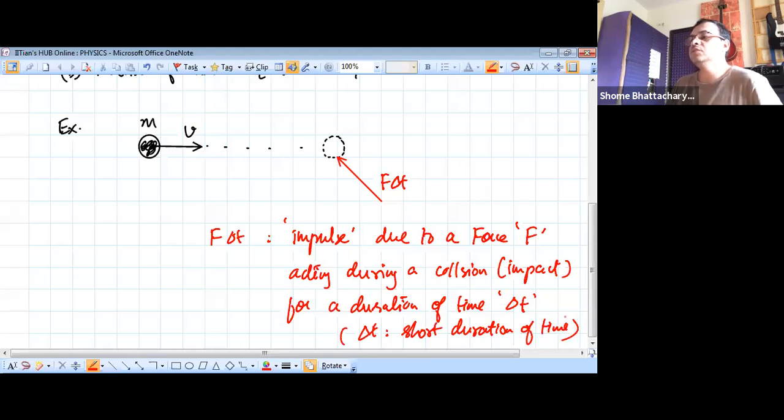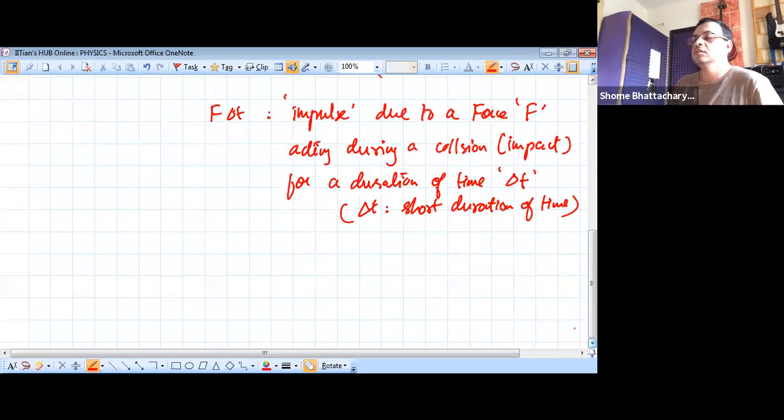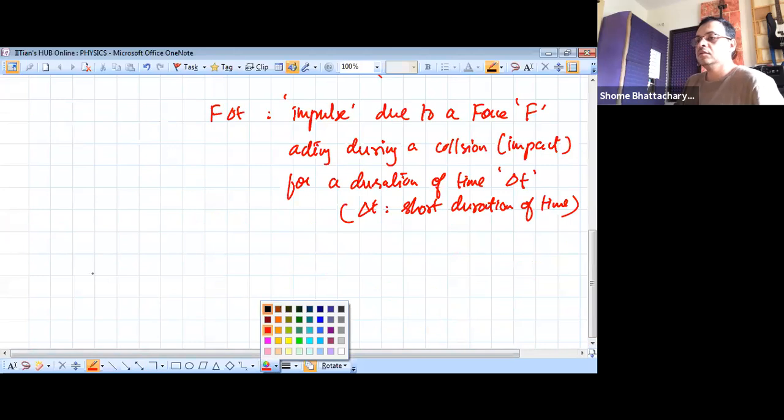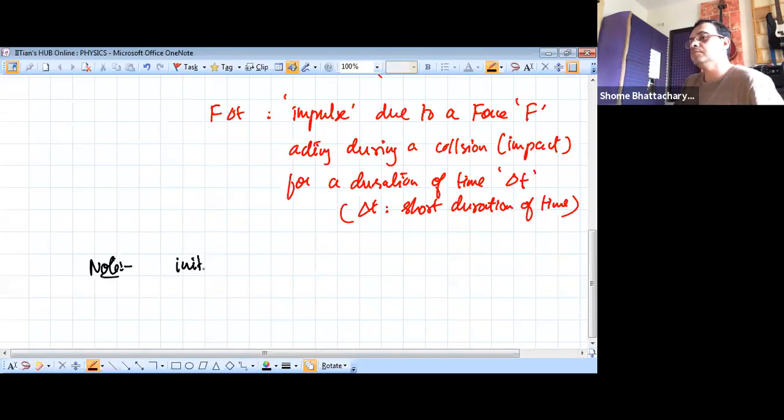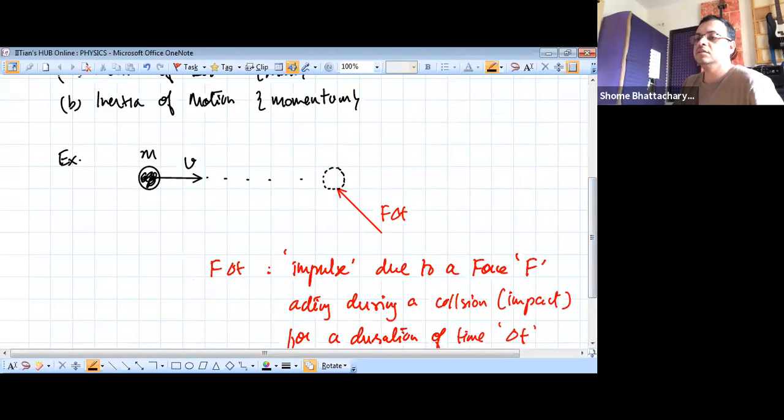Here what is happening is, in this particular example, the way I've drawn it, you can see that the initial momentum, let us say P1, which is mu. Okay, so let me make a correction and make this symbol as u.